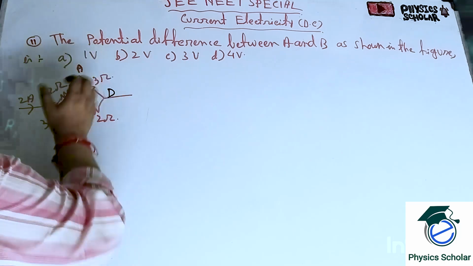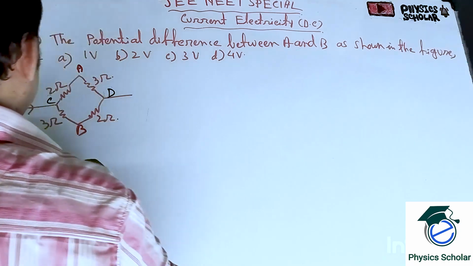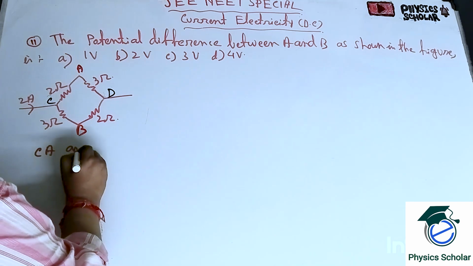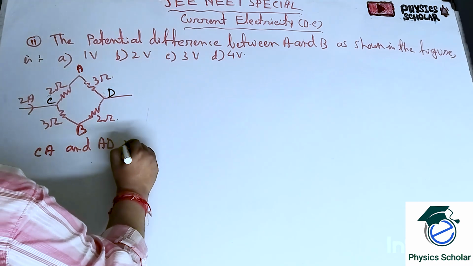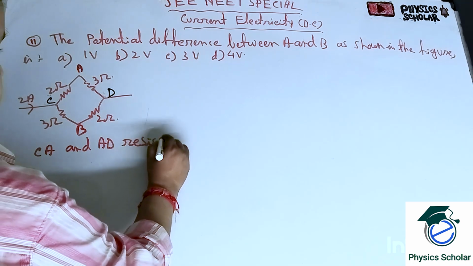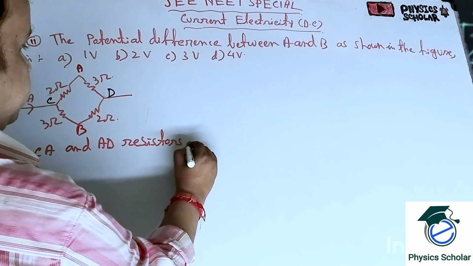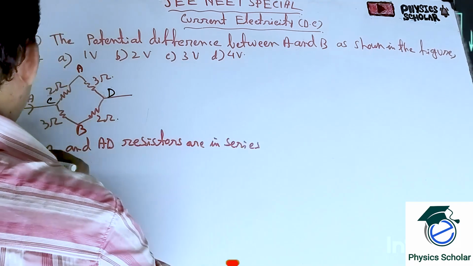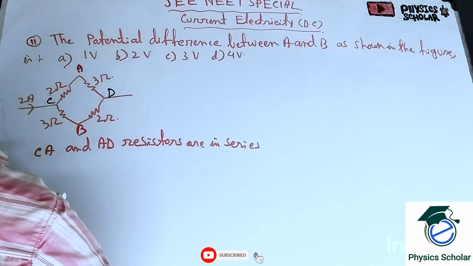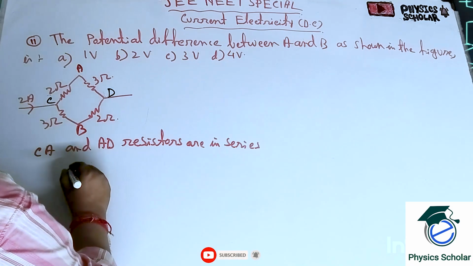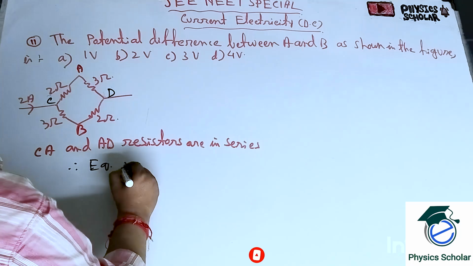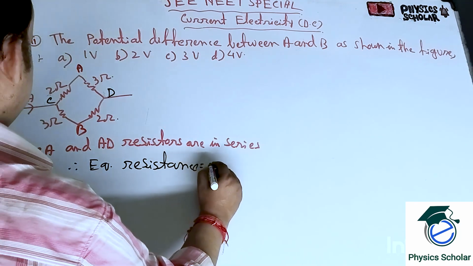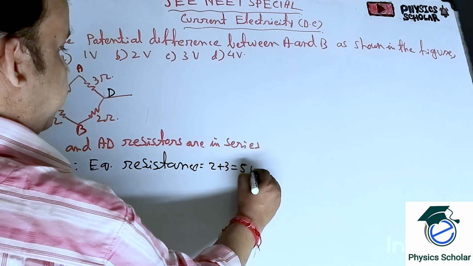That means the CA and AD resistors are in series. Clear? That means the equivalent resistance is equal to 2 plus 3, which is 5 ohms.